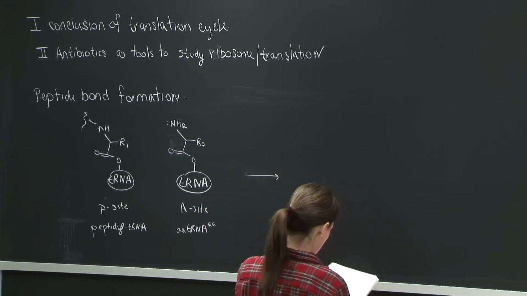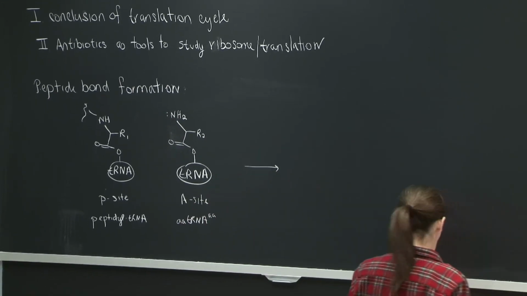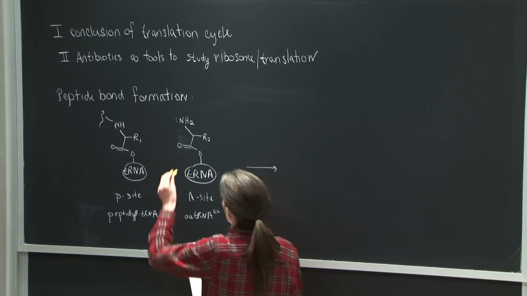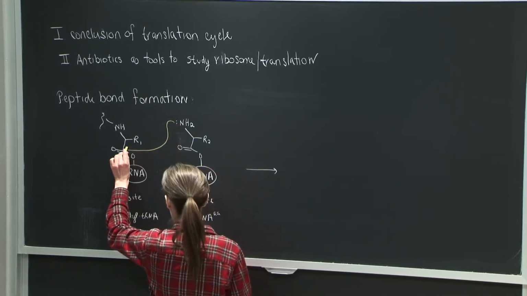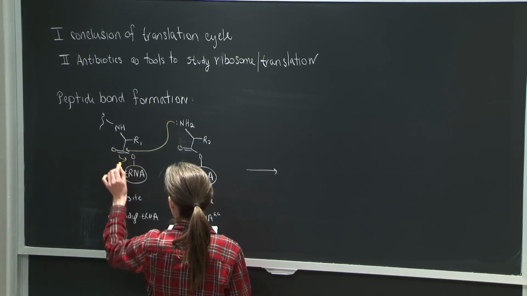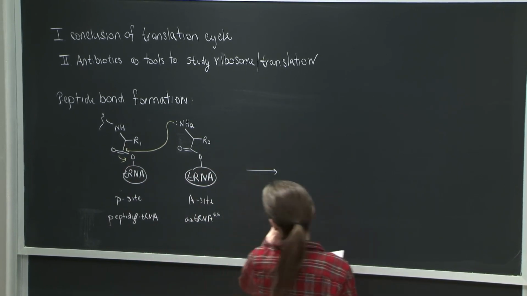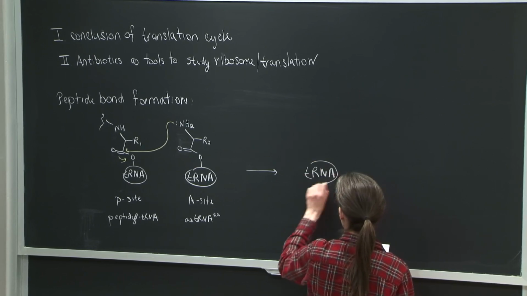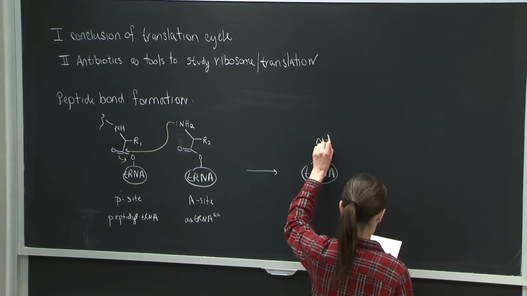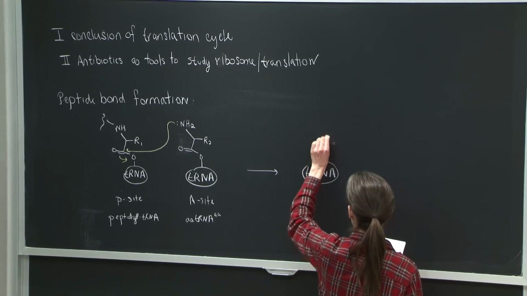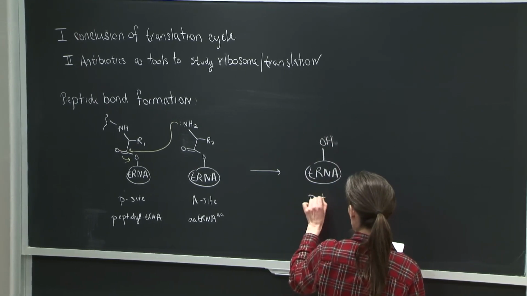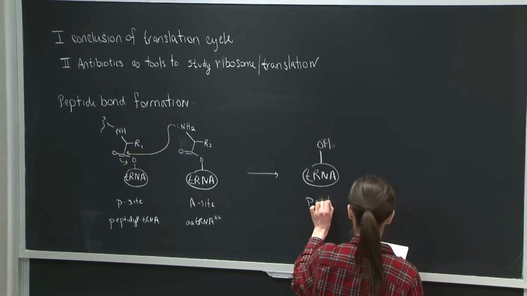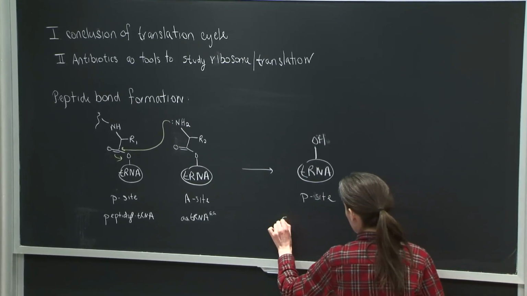Okay, and so what happens? Effectively, we have attack from here, release, such that we end up with our P site with a deacylated tRNA.